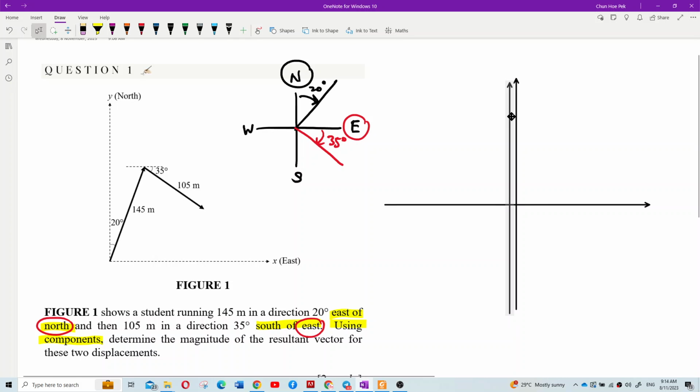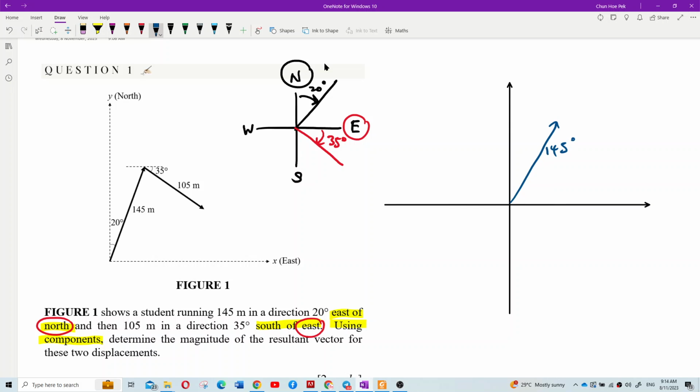So the first vector, 145 meters, is this one, at 20 degrees. And you must make the vectors start from the origin.